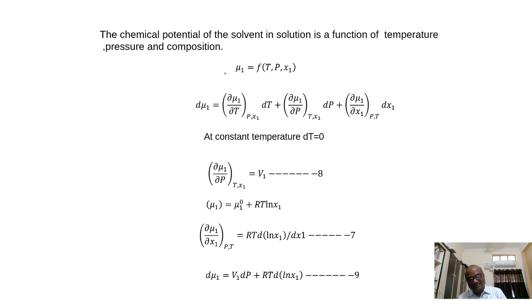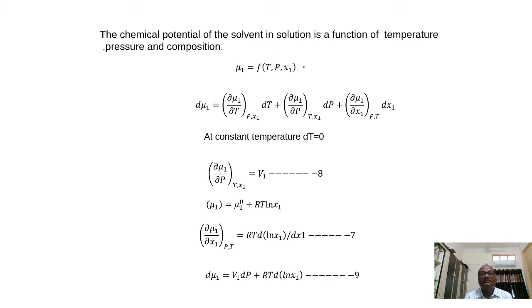We are considering a binary solution, which contains only two components: one is the solute, the second is the solvent. So mu1, the chemical potential of the solvent, is a function of temperature, pressure and its mole fraction, where x1 is the mole fraction of the solvent.